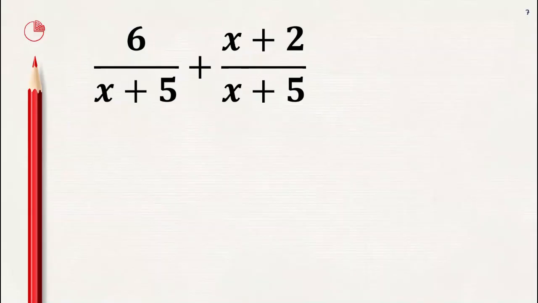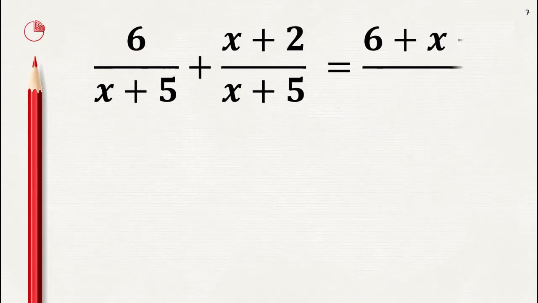Next, we have 6 over x plus 5 plus x plus 2 all over x plus 5. Again, add the numerators. We have 6 plus x plus 2 all over the common denominator x plus 5. Then, add the similar terms in our numerator.